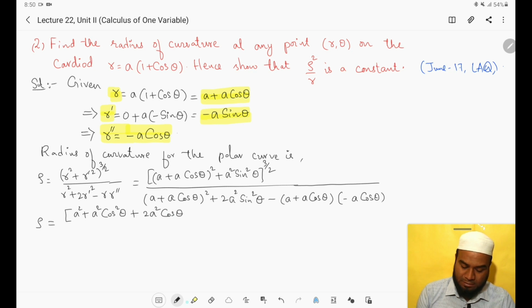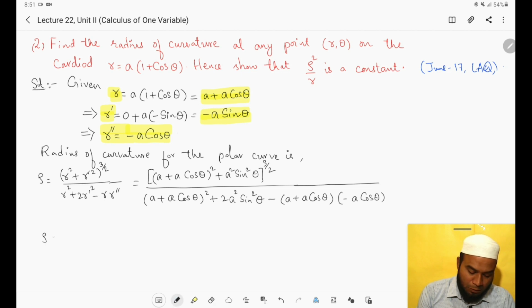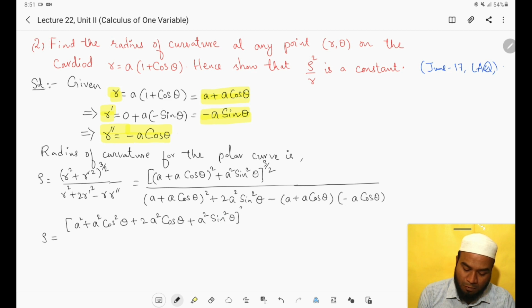Let me give some gap here, it is becoming clumsy. So rho equals to, when we expand, a square plus a square cos square theta plus 2a square cos theta plus a square sin square theta as it is, whole power 3 by 2 will be there.